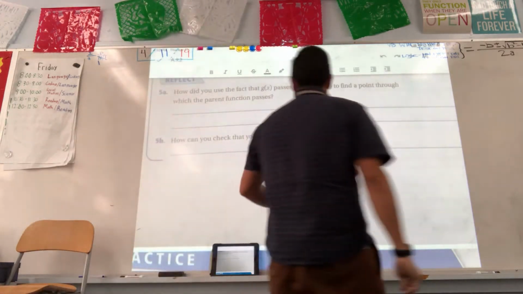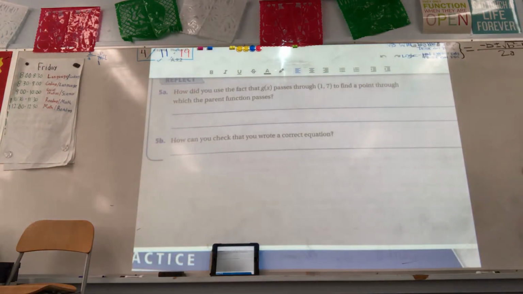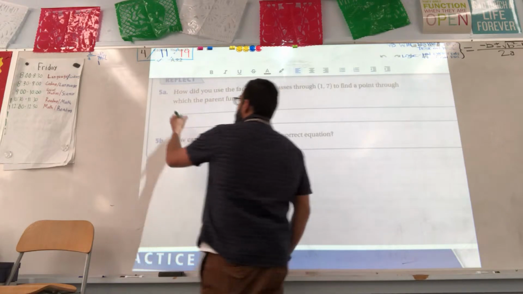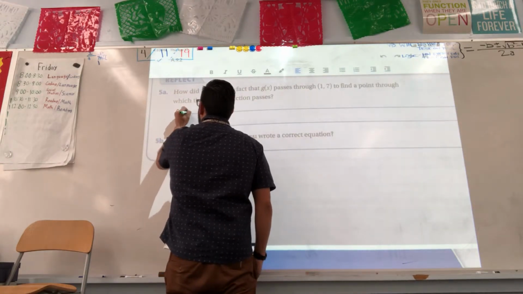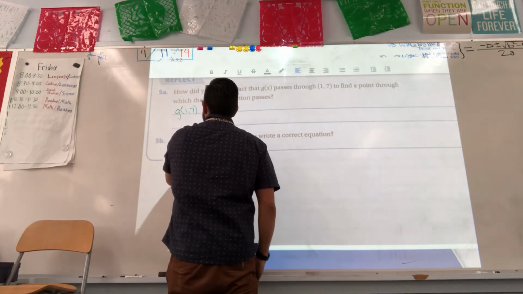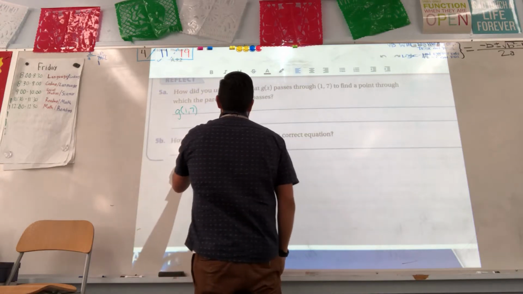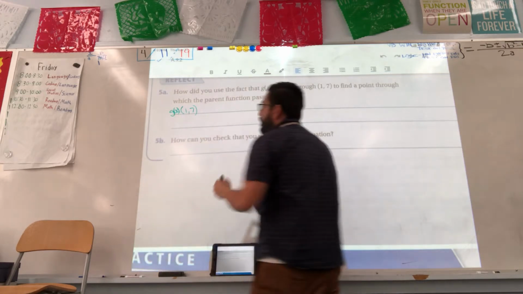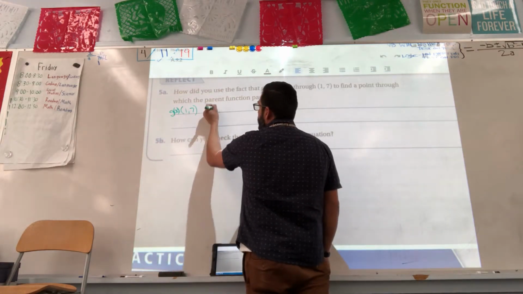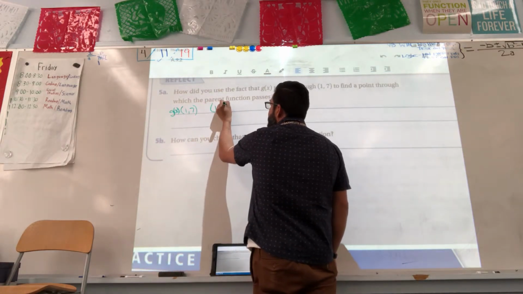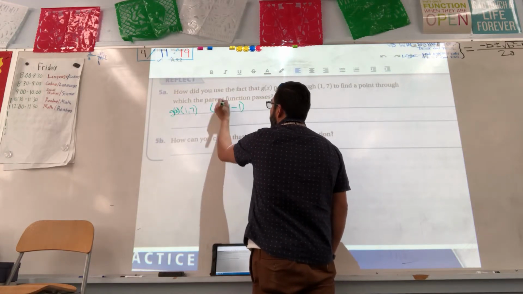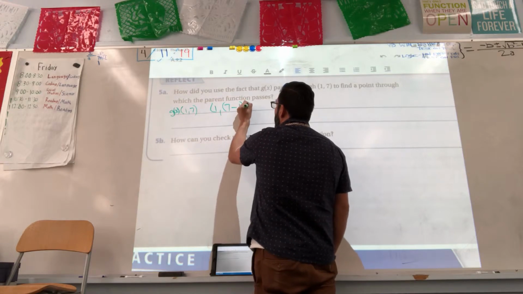Welcome back. So, how did you use the fact that g of x passes through (1, 7) to find a point through which the parent function passes? Okay, g of x passes through (1, 7). Our parent function passes through (1, (7 minus 1) divided by 2).